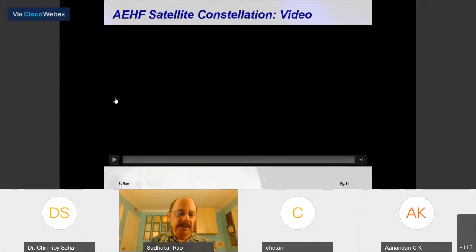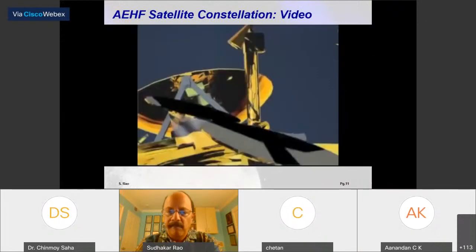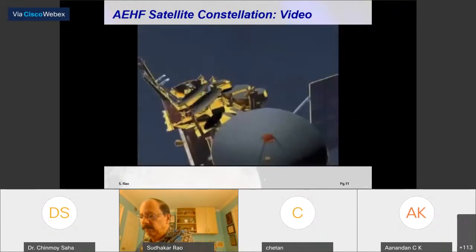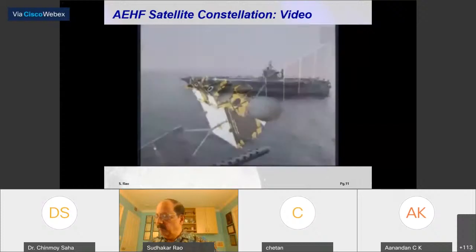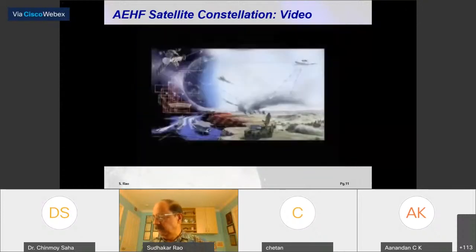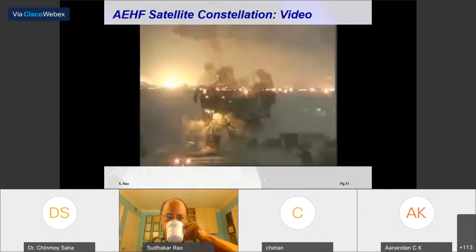Advanced EHF payload, part of a system delivering unprecedented levels of assured network interconnectivity to rapidly deployable maritime, air, and ground forces, flexibly, where and when needed, immune from denial of service attacks, available in all levels of conflict.